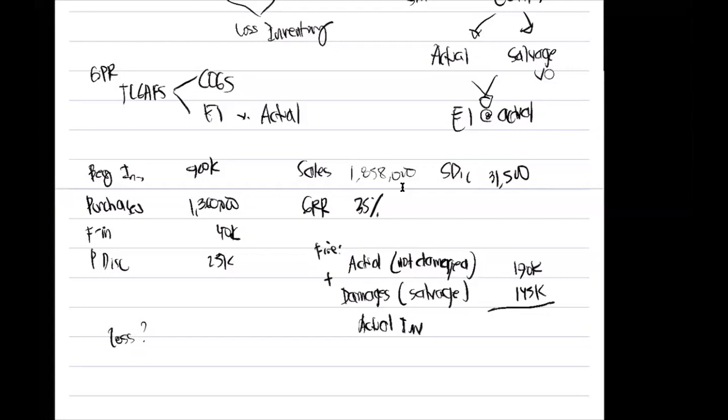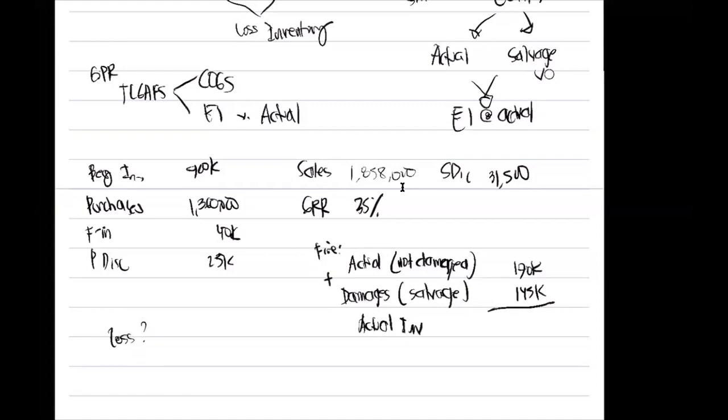So what is our ending inventory estimated? That is 2,275,000 less 1,207,700. We get 1,067,300. So this is the estimated.